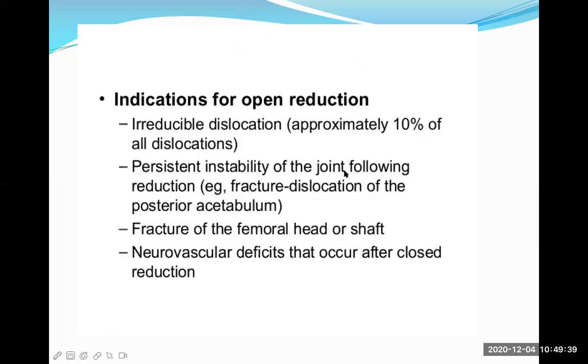Persistent instability of the joint following reduction, like fracture dislocation of the posterior acetabulum, fracture of the femoral head or shaft, and neurovascular deficit that occurs after closed reduction. All of these are complicated situations, so we need to go for open reduction.